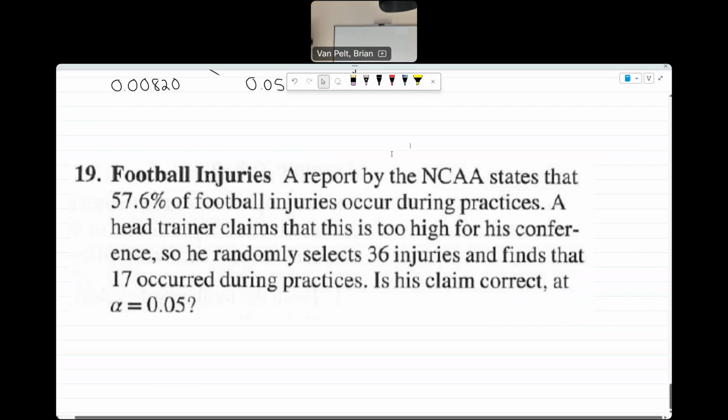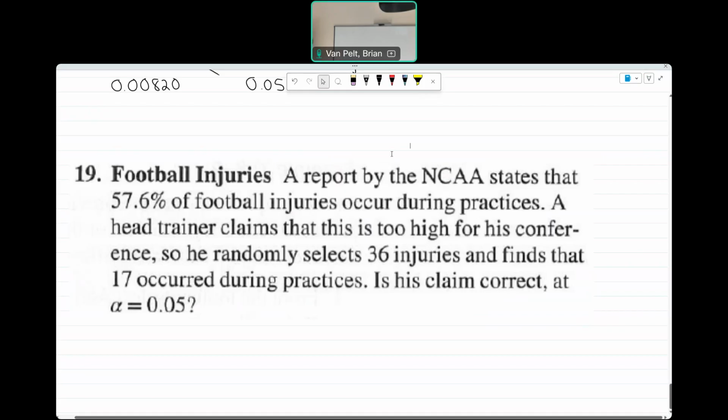Check that number out. Right, so he thinks it's less.